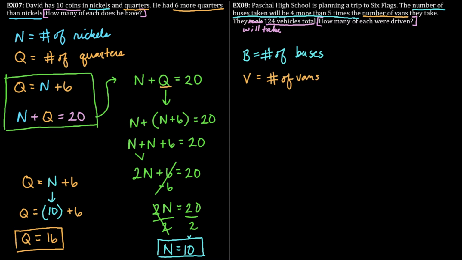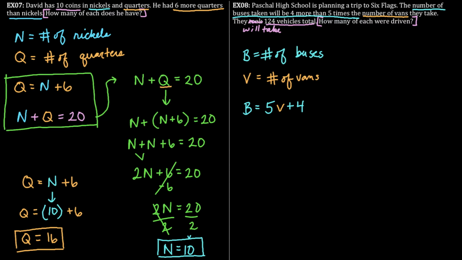And so we know that the number of buses, so let's go back to blue, is 4 more than 5 times the number of vans. And we know that they will take 124 vehicles total. That's a lot. That's ridiculous, but it works.